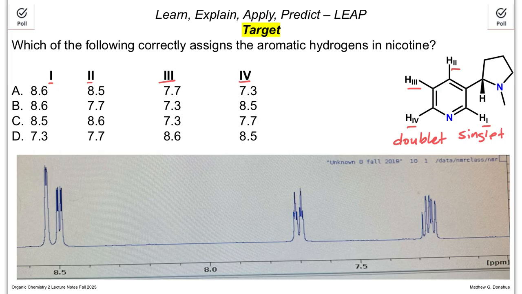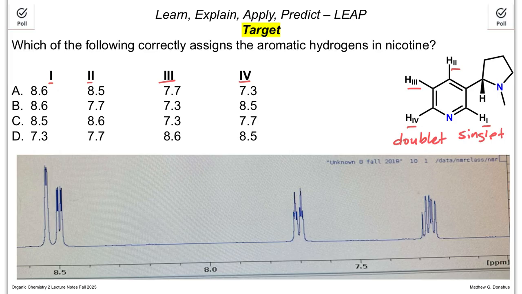And then H3, we were saying, has 2 neighbors, so you would expect that to be kind of a triplet. But again, these are not equivalent, and then there's this other long-range coupling.